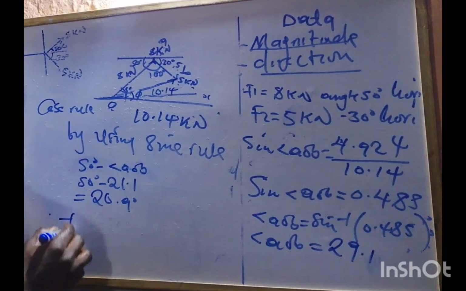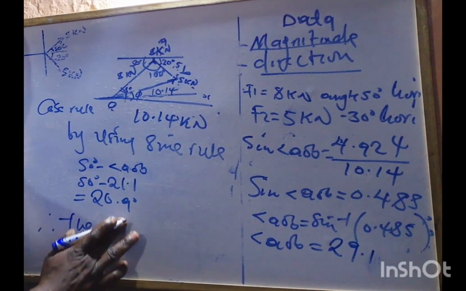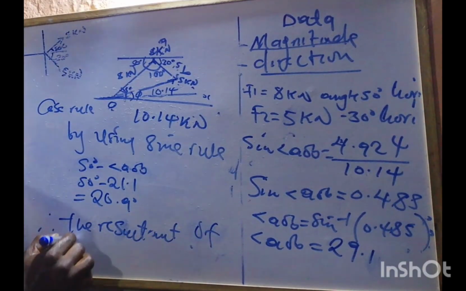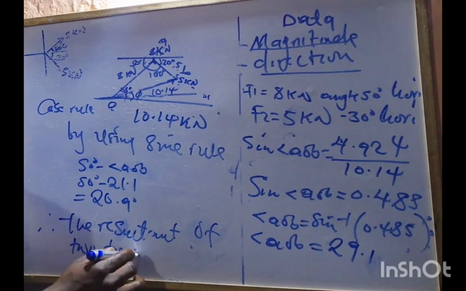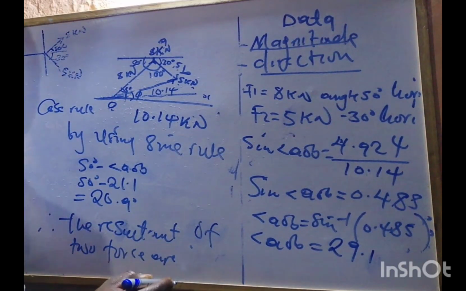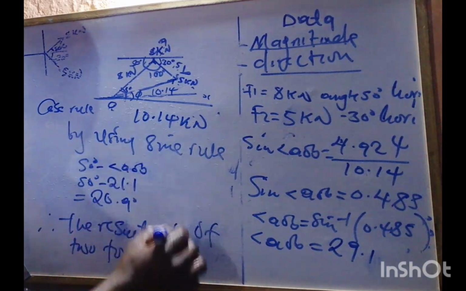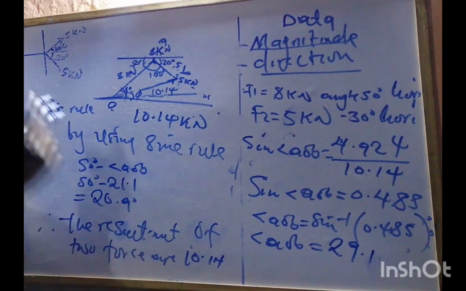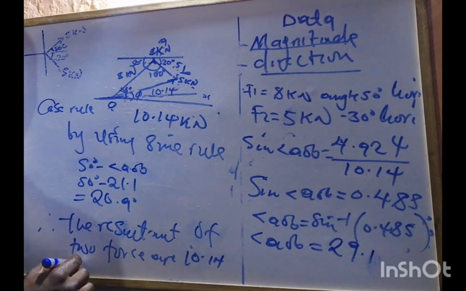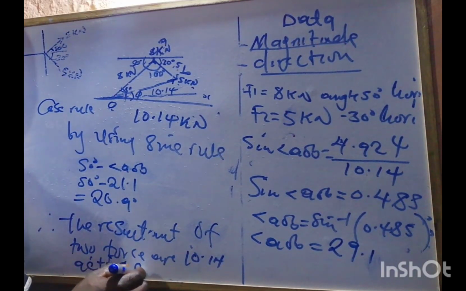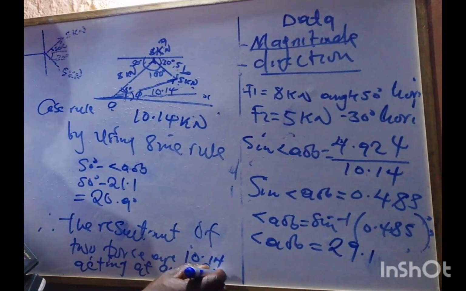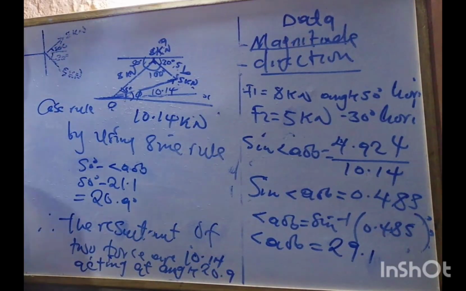So therefore the resultant of the two forces is 10.14 as a magnitude, acting at an angle of 20.9 as a direction.